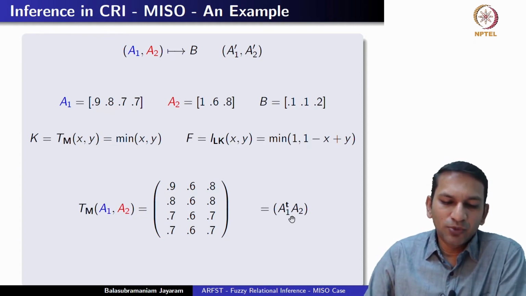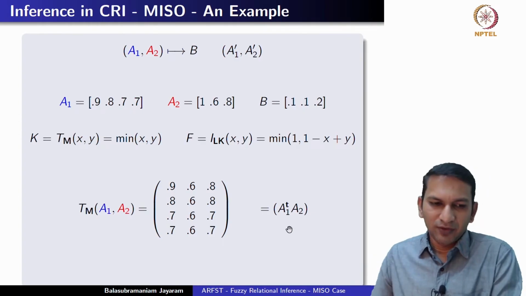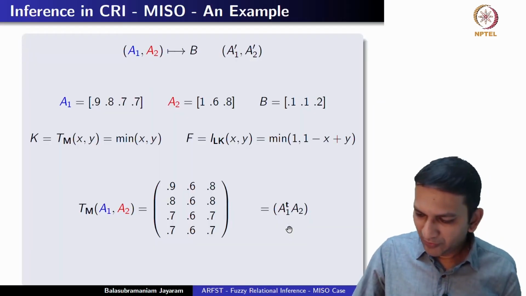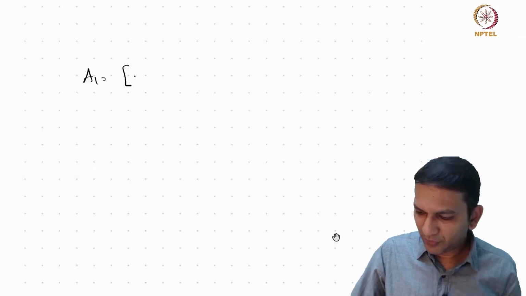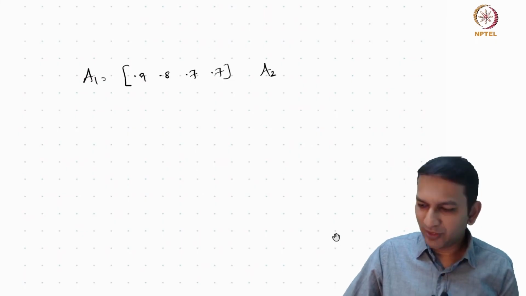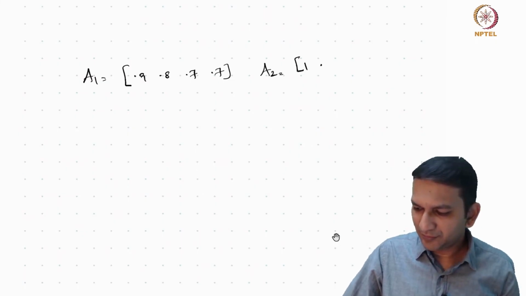You can think of it once more as an outer product. For instance, our a1 was this, and a2 is 1, 0.6, 0.8.